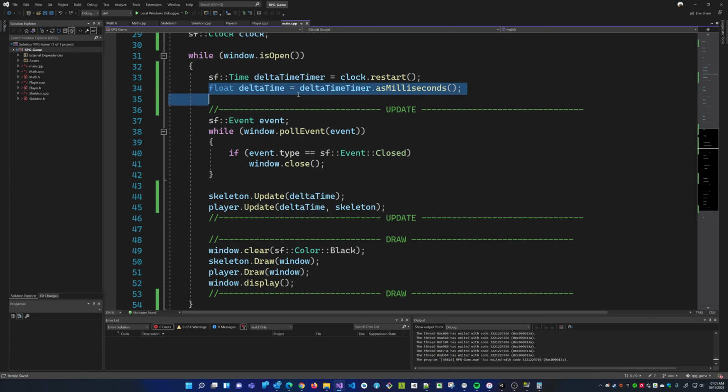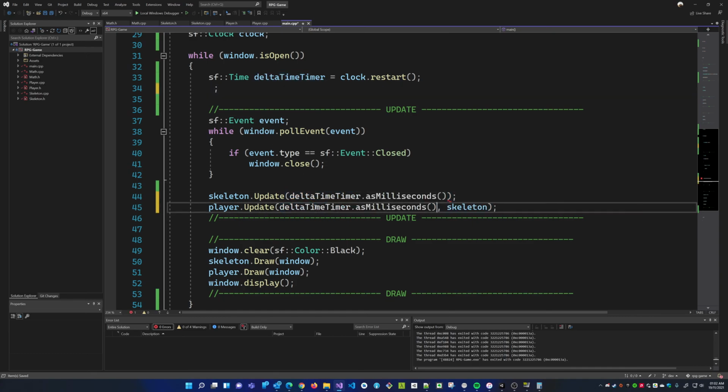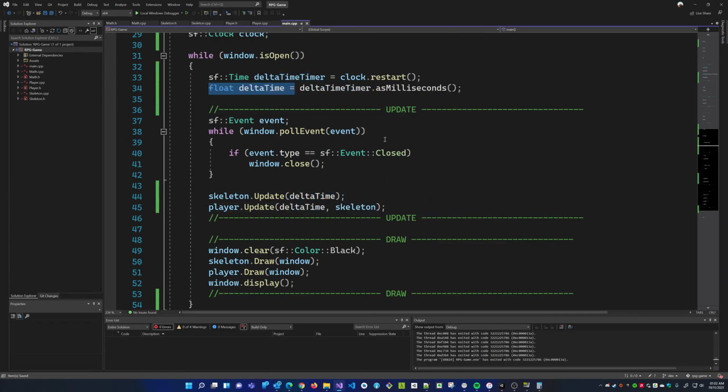Now that I think about it, I really don't need this. I can just pass this over here, because I know that this value, deltaTime timer, will not be changed until this line comes through. So there's no difference between those two. But it's kind of nicer to have just a variable over here. It's shorter. Other than that, everything is fine.